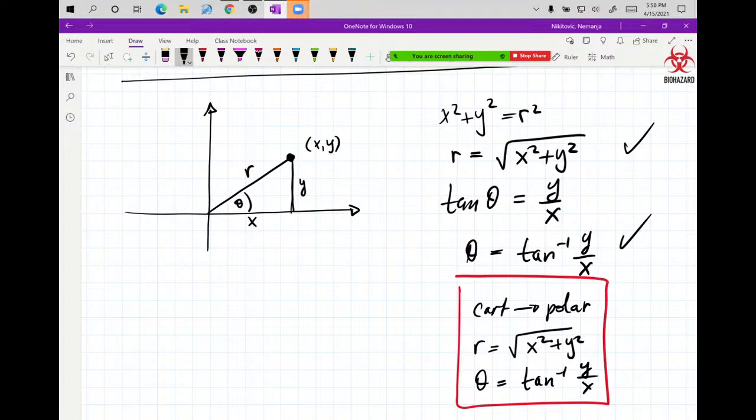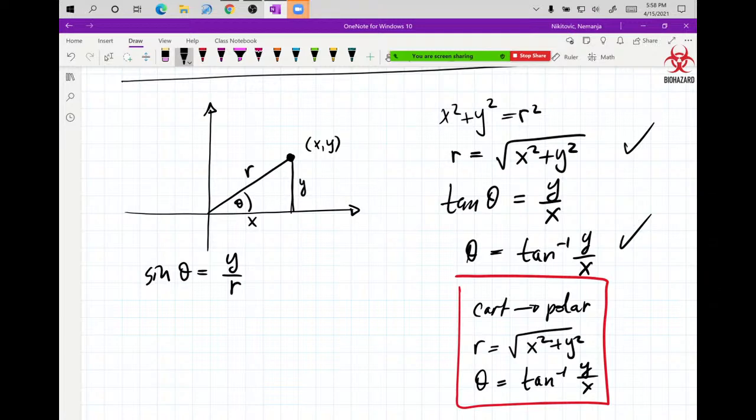Now, we can also write sines and cosines for this. So sine theta is y over r. Well, solve it for y, because you have theta and r.